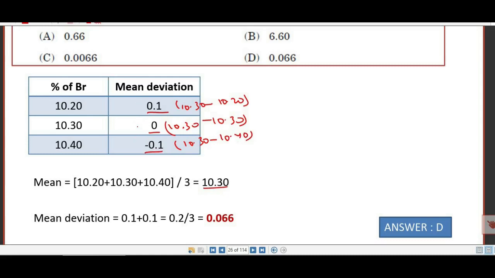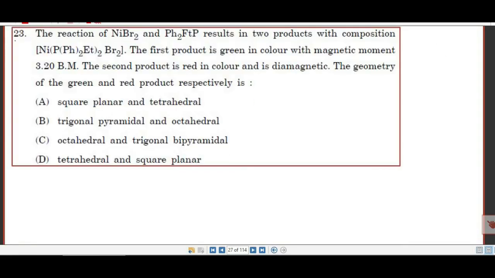Here the plus minus sign is not counted. Now the addition of these two values, 0.1 and 0.1, is 0.2, divided by 3 data, so it is 0.066. Option D is correct. This is the mean deviation.